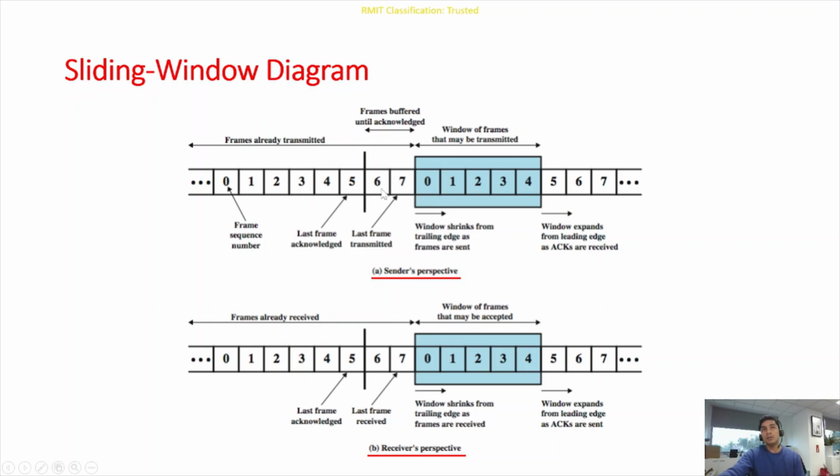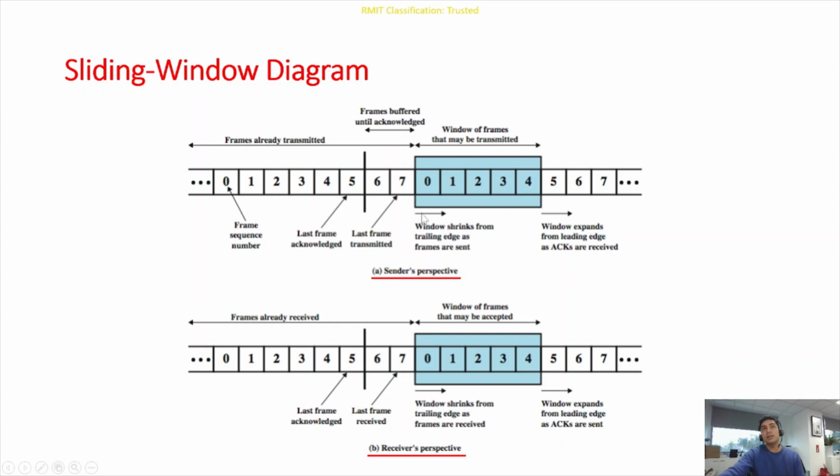All these numbers represent the frames that the source is transmitting. Let's say it has already transmitted 7, and then if it wants to send another frame, it can send frame 0. When it sends that frame, the window size is going to shrink, so it slides to the right.